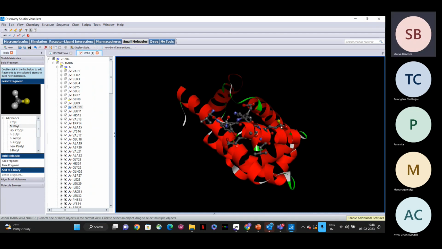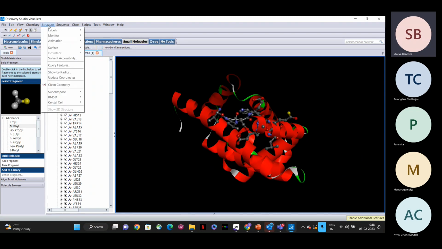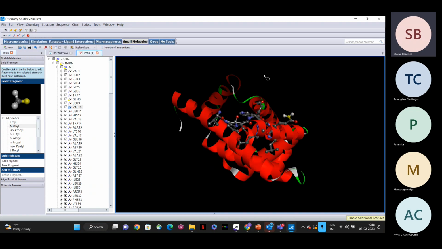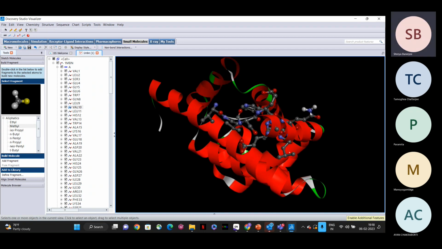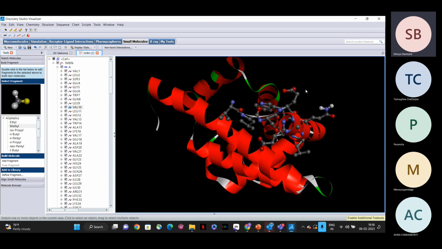Okay. So you can actually check out different hydrogen bonding interactions. Suppose I want to add hydrogens, right now it is not showing the hydrogens. If I add a hydrogen by going to chemistry, hydrogen, add. So this is an NH2 group and a COO group. So maybe it can form a hydrogen bond.